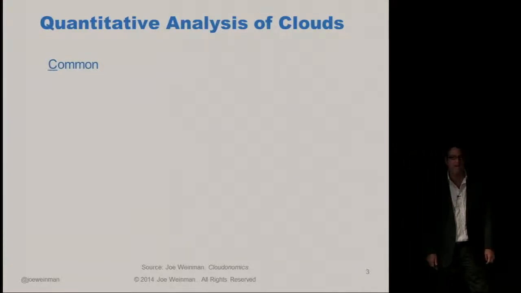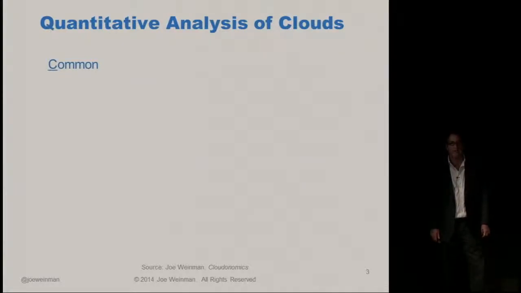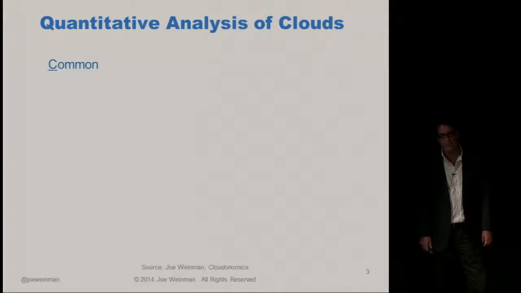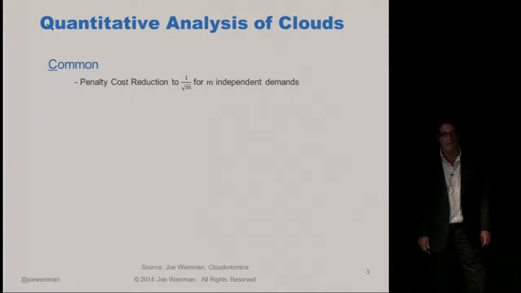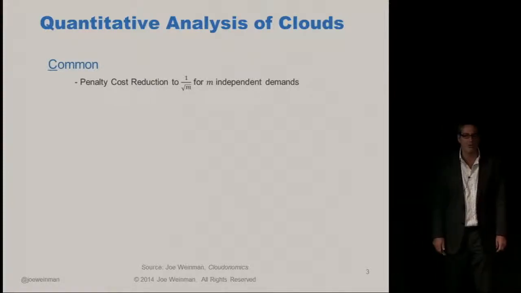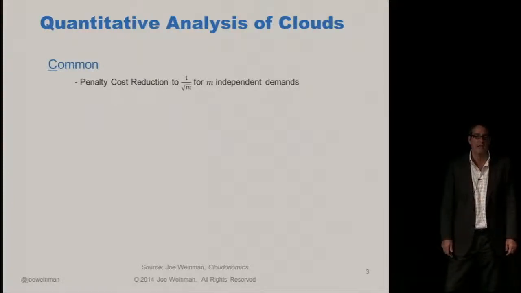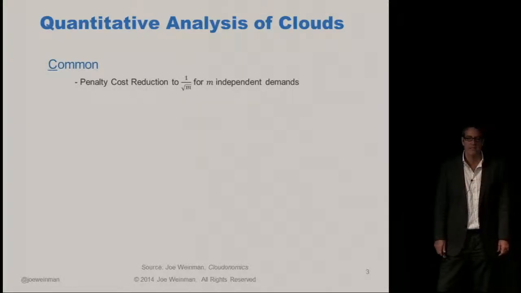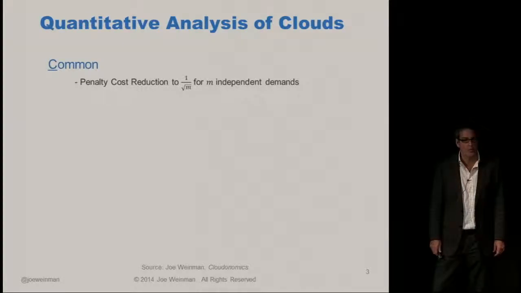First of all, it's common in the sense that there are pooled resources that are shared across a variety of workloads. Now, that is not elasticity per se, but it has some benefits, and the benefits are characterized by the fact that you can otherwise have overcapacity or undercapacity, and you can define a penalty function, and the reduction in the cost associated with the penalties of the wrong capacity turns out to be characterized by 1 over the square root of m, where m is the number of independent workloads.